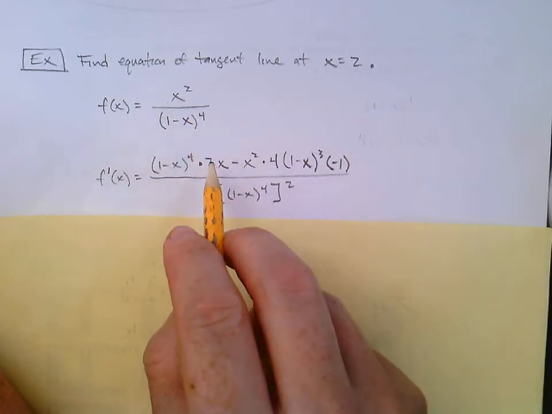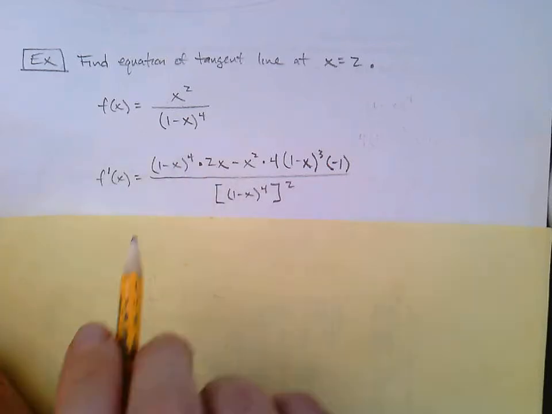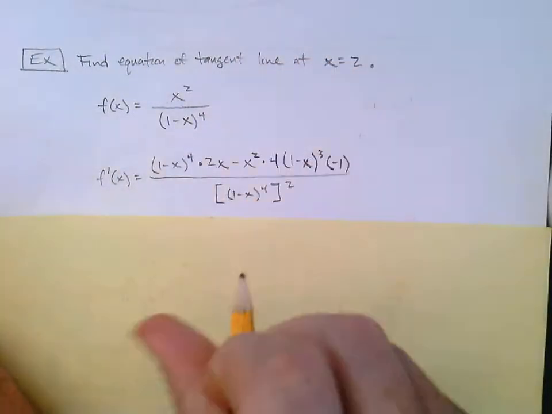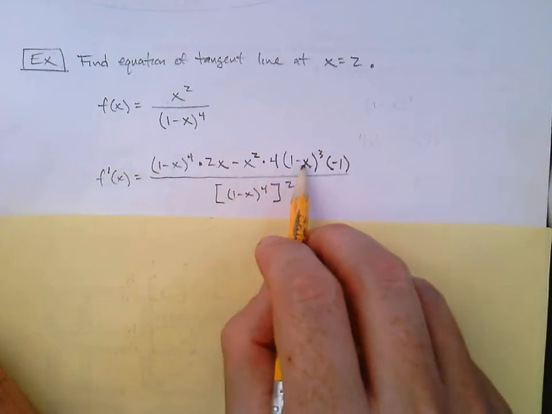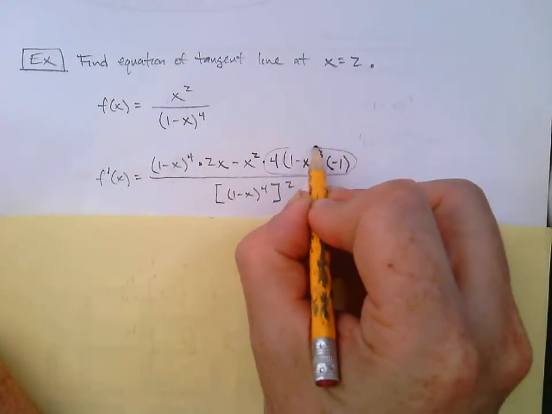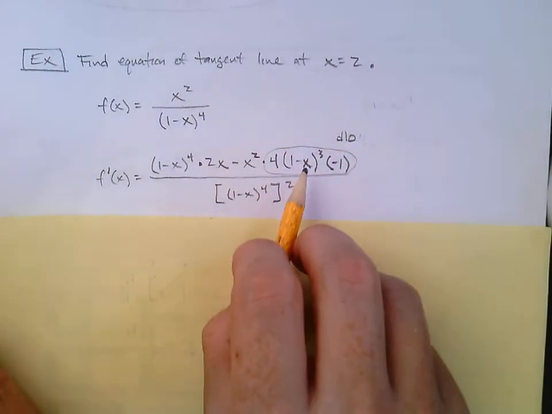High is x squared, so d high is 2x. Low d high minus high, that is x squared, times d low. Okay, and this is where the chain rule comes in with our d low.